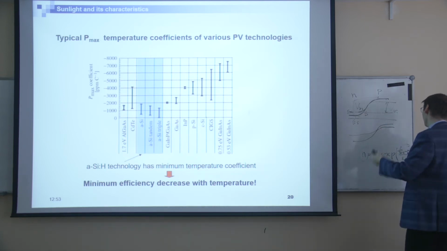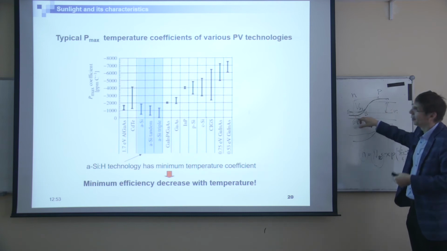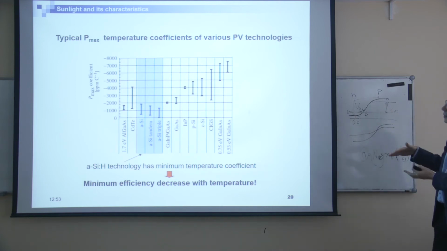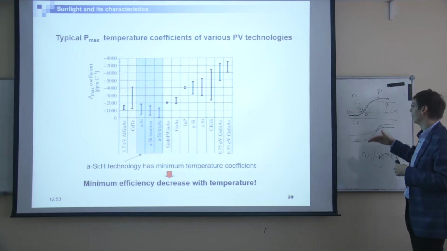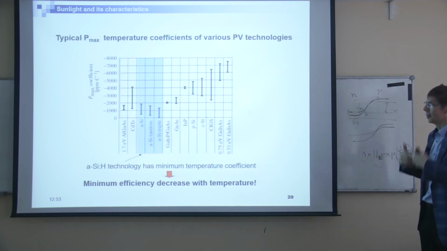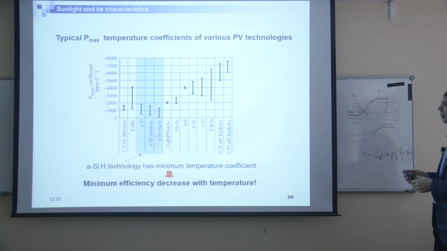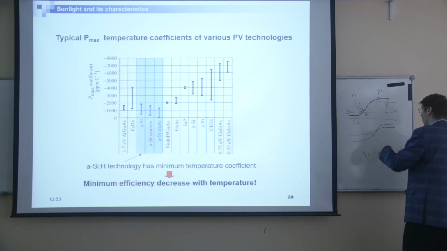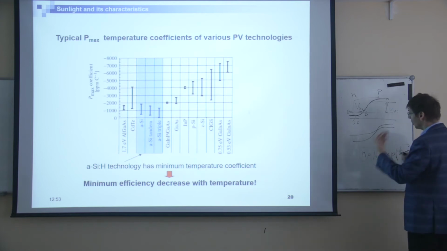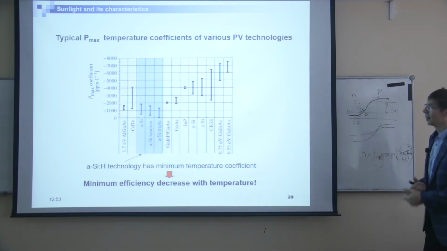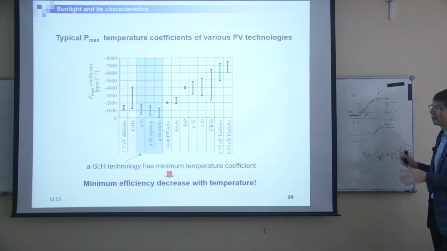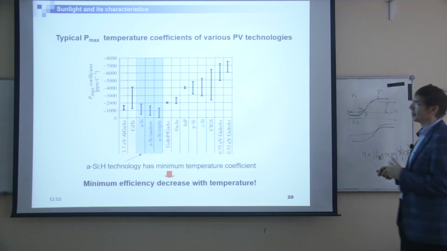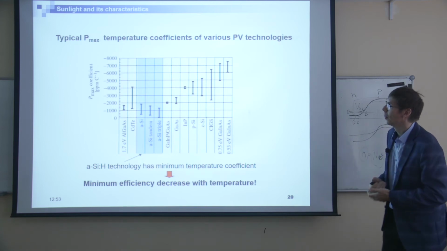It's the opposite: the position of the Fermi level is fixed by the defects, because amorphous silicon is a material with a high defect concentration. And then if you heat amorphous hydrogenated silicon, you can see some increase of the concentration of electrons. It's another topic, but it's one of the reasons why the dependence is so slow.